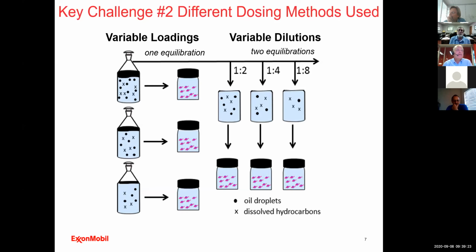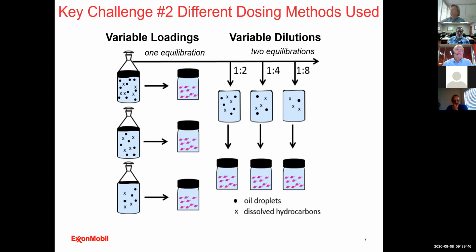That approach involves one equilibration. The second approach, referred to as variable dilution, uses essentially a single WAF stock that's generated at a high loading, and then makes dilutions of that stock WAF, and then exposes the test organisms to those dilutions.